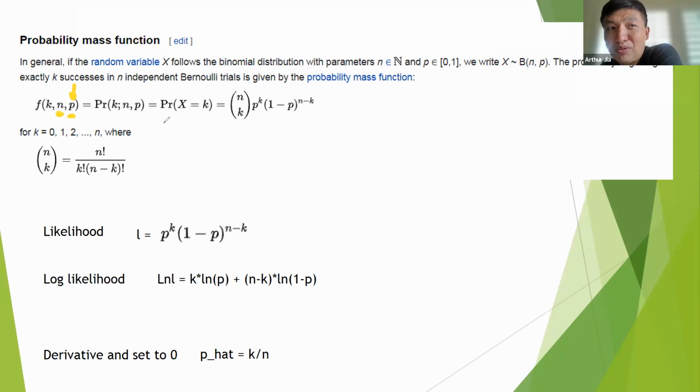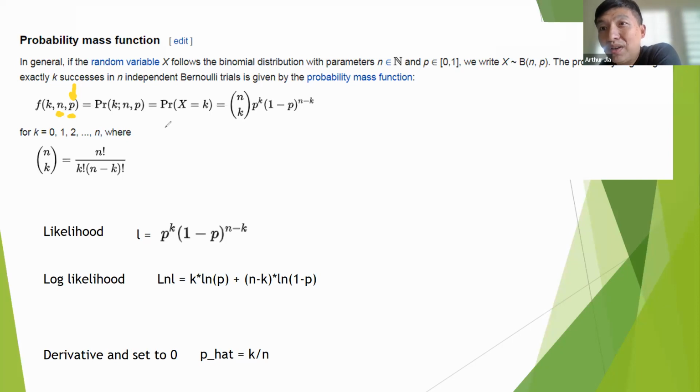Can n be 1? No. If you toss a coin just one time, you don't know if this coin is a fair one or not, right? But if you toss the coin multiple times, let's say 10 times, based on the outcome you can easily tell how likely this coin is a fair one.